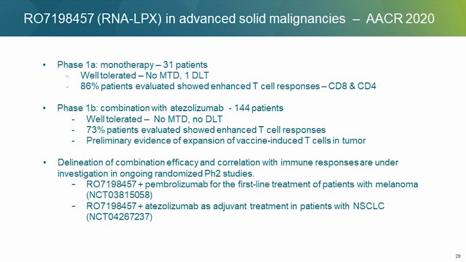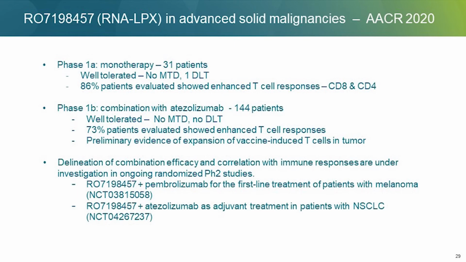So we now have 2 ongoing randomized phase 2 studies to better understand the impact of the vaccination on anti-tumor efficacy in combination with checkpoint inhibitors. We have a study in metastatic melanoma patients in combination with pembrolizumab, a PD-1 antibody, for first-line treatment.